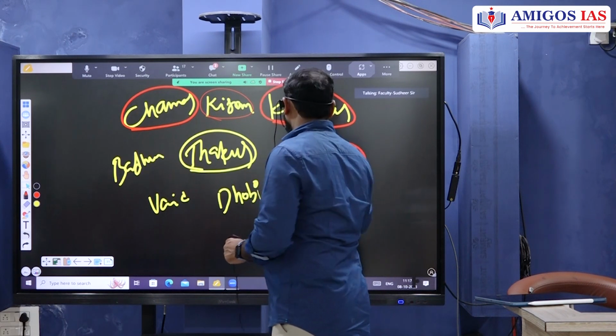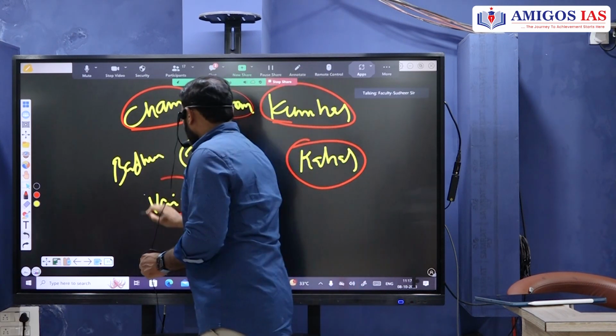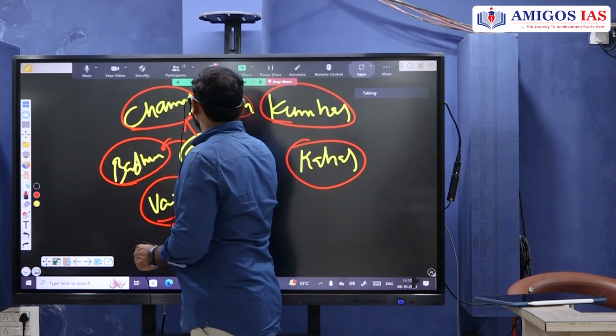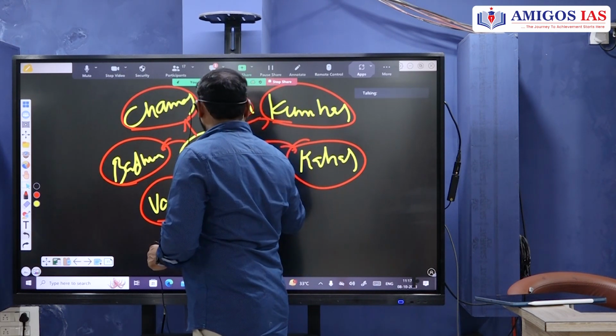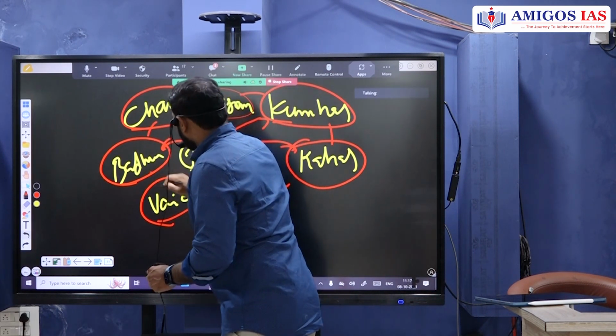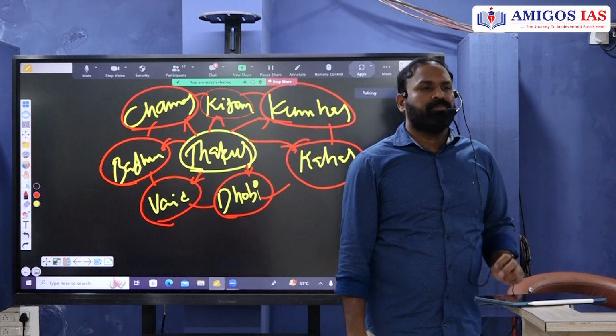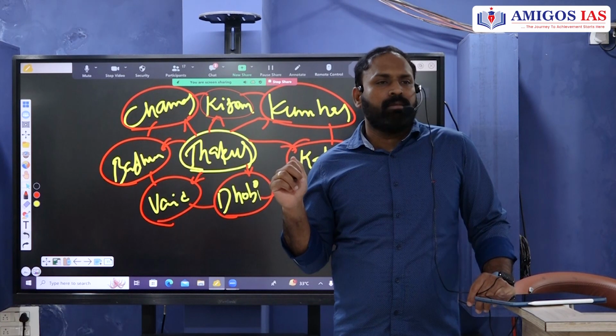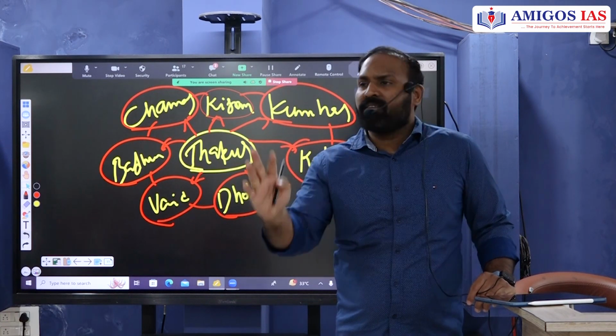That means each occupation is a group in primitive, ancient society in India, and they connect every social group. Once you draw this diagram, it is a classic way of explaining the jajmani system to the examiner.